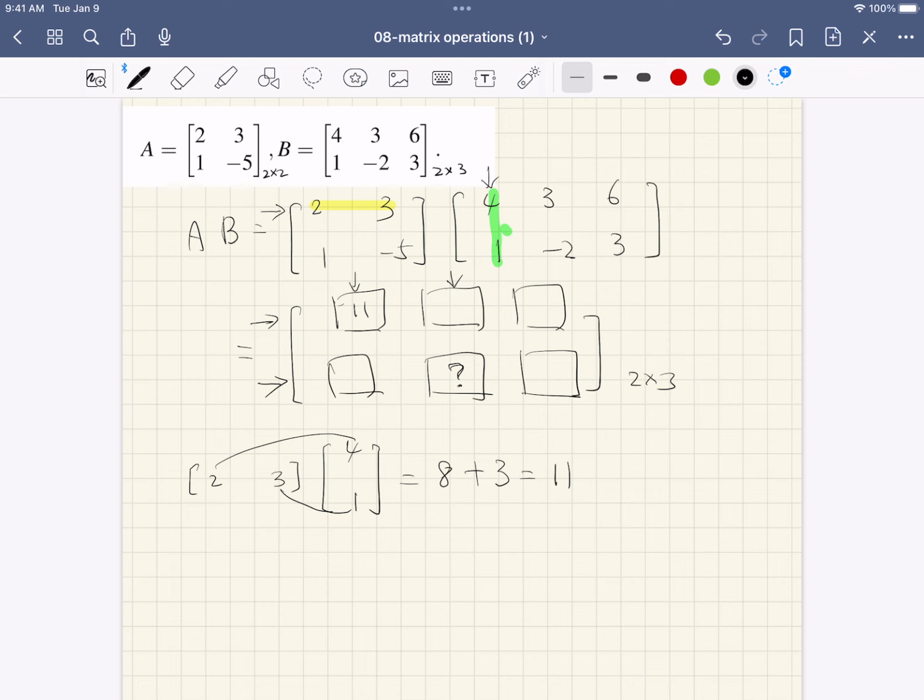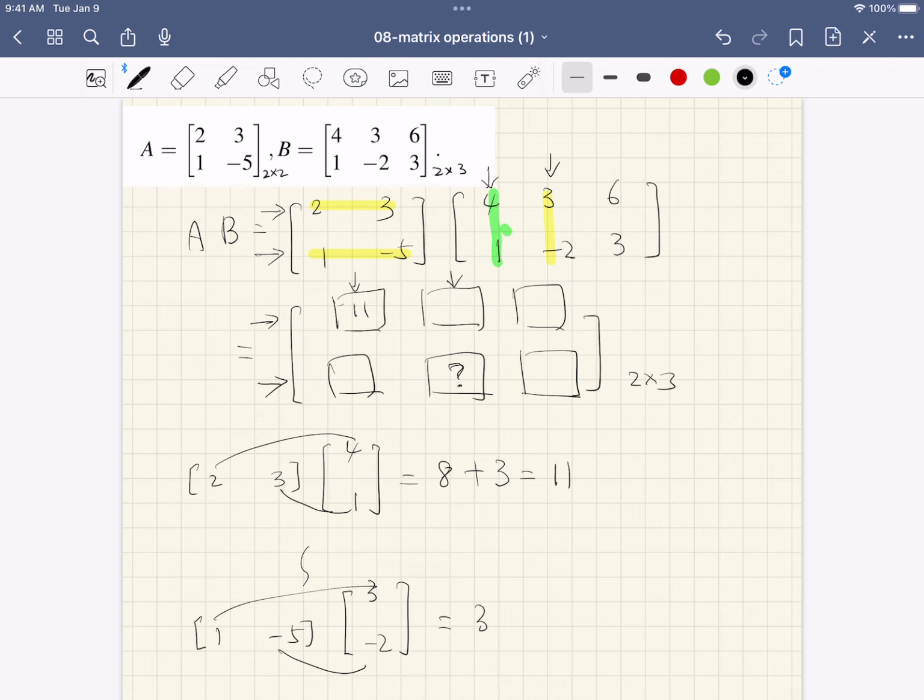In other words, in the matrices A and B, we want to do the second row of A and the second column of B. So 1, negative 5, and 3, negative 2, which is 3.